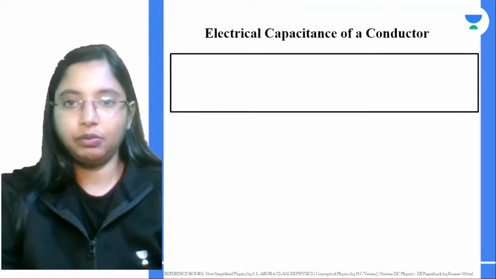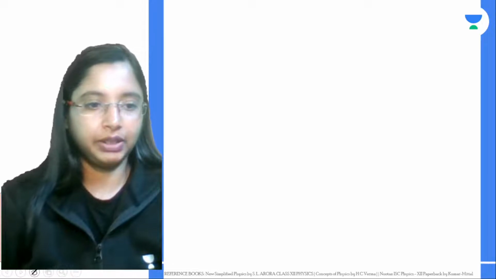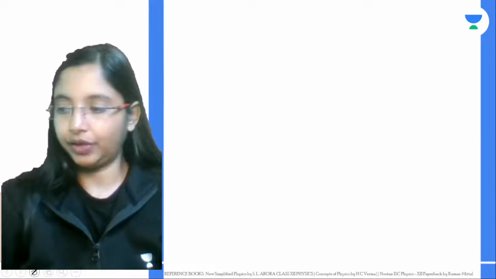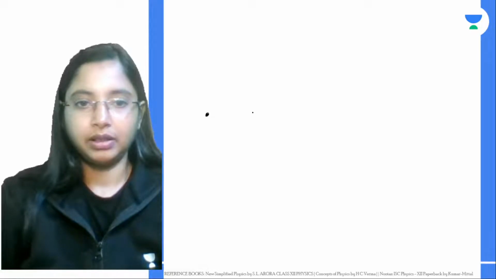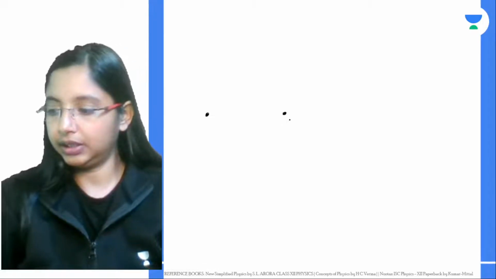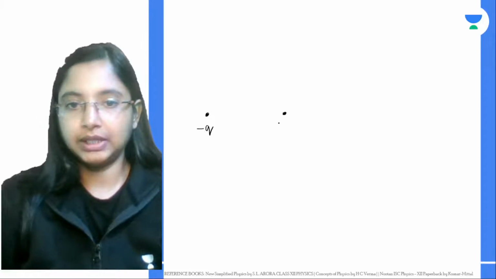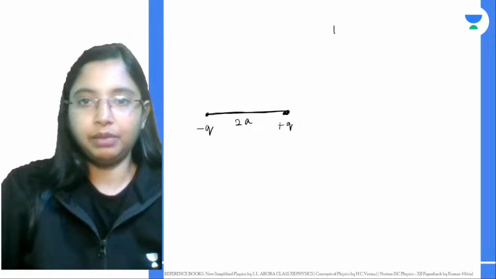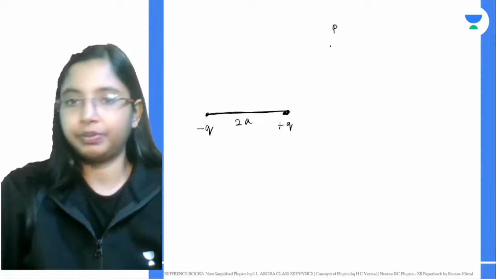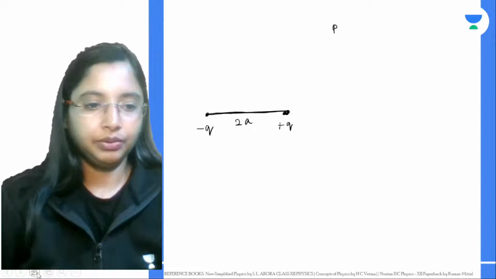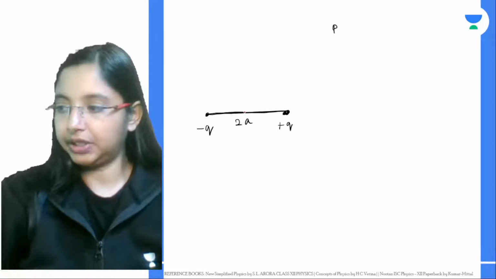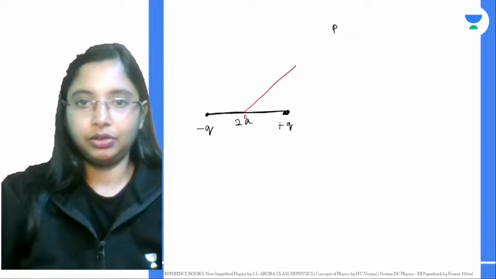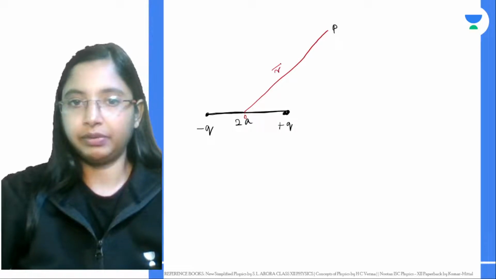For example, let's say there are two charges, this charge is minus Q and this charge is plus Q, and the distance between them is 2A. Now we choose some random point P. From the center of this dipole to this point P, the distance is given by the R vector.